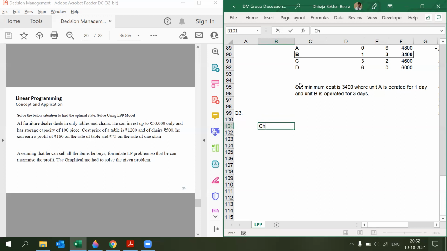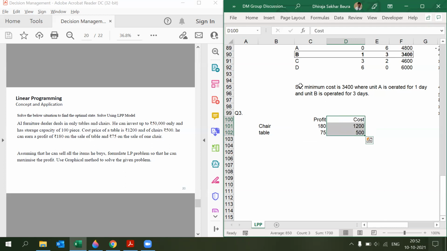So we have chair and table. Let's put it like this. We have profit of 180 and 75. Then we have cost of 1200 and 500.